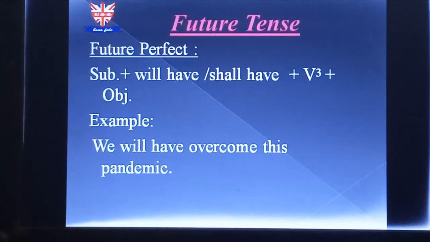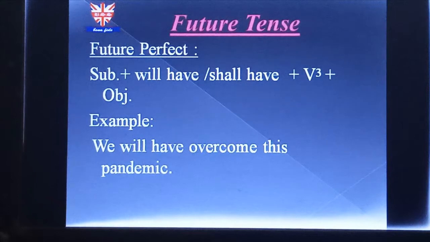So it won't be your problem to understand the difference among the tenses according to their sentences. So here subject plus will have or shall have plus V3 plus object. Here I want to remind you that we always have to use V3 in case of perfect, whether it's present or past or future, that I have told you in present perfect and past perfect.